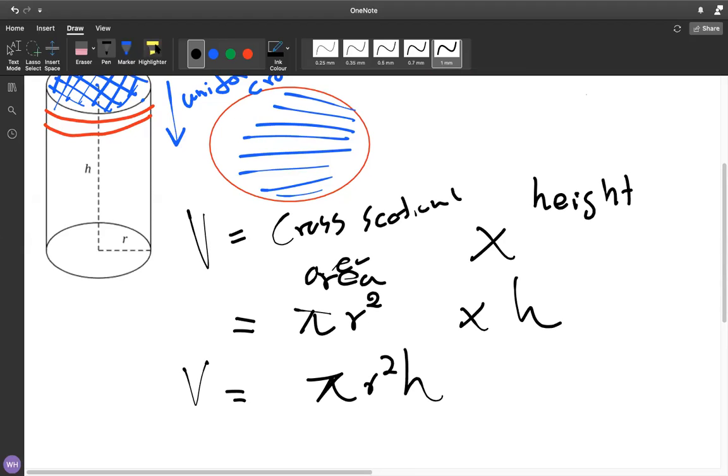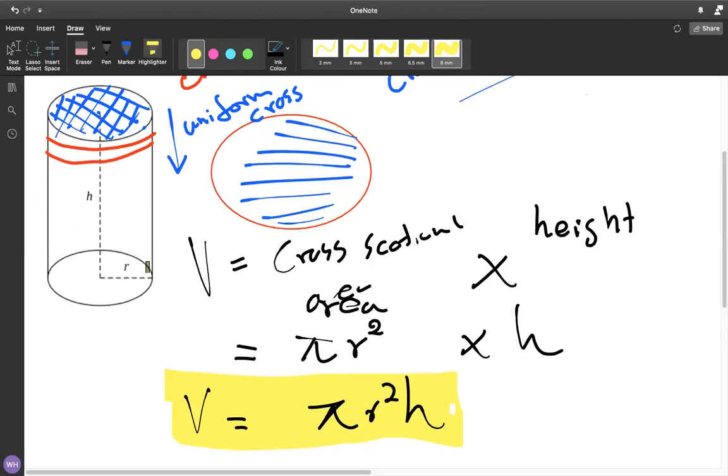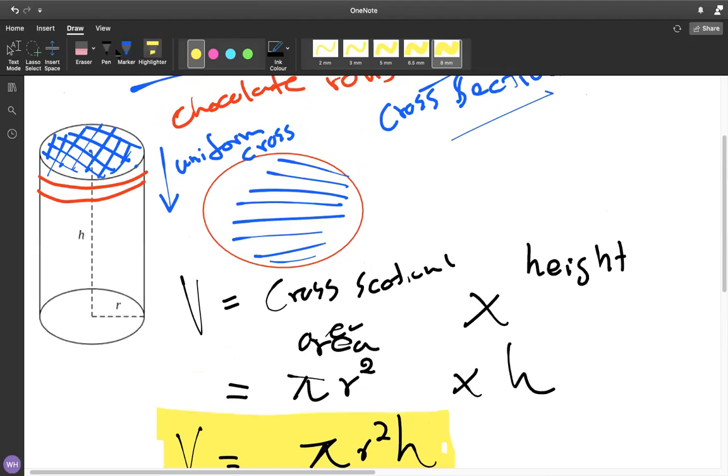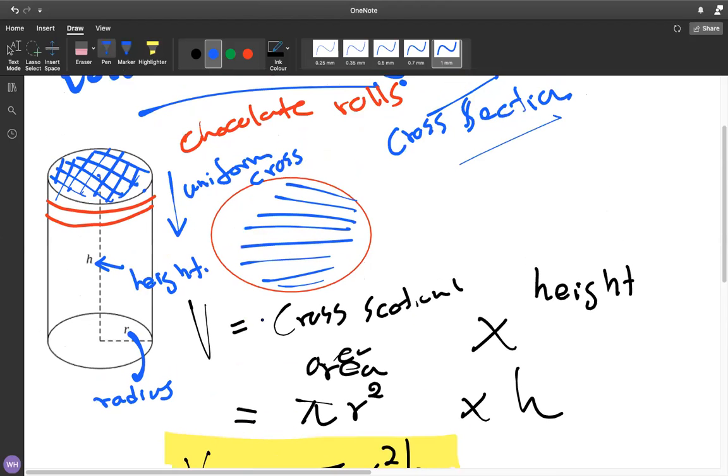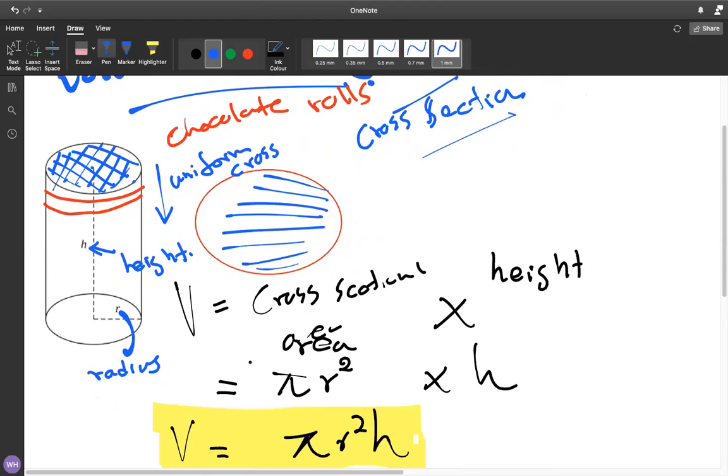So this is the formula which we can use to find the volume of the cylinder, where r is the radius and h is the height, or we simply call it the perpendicular height as well. So can you understand the concept?